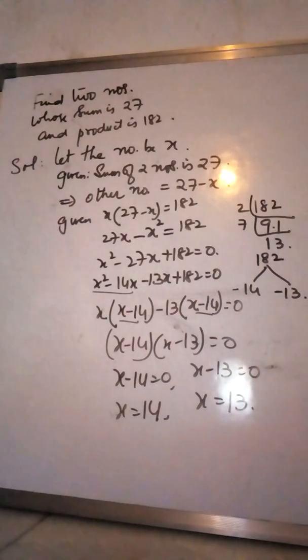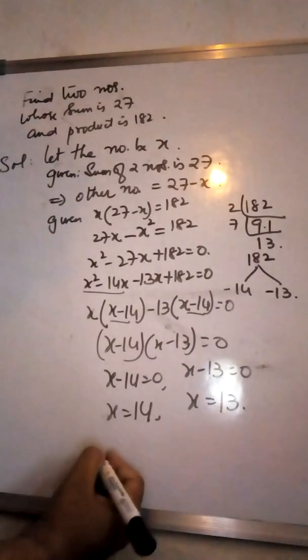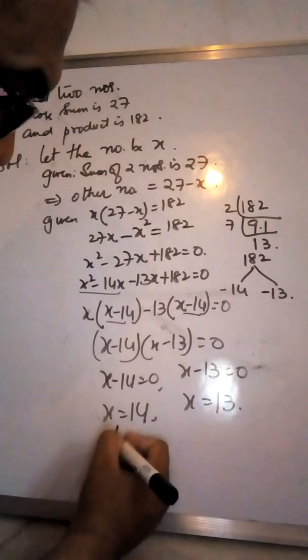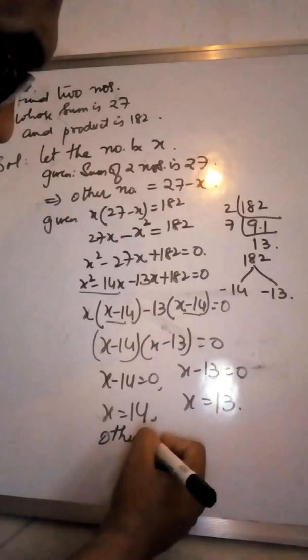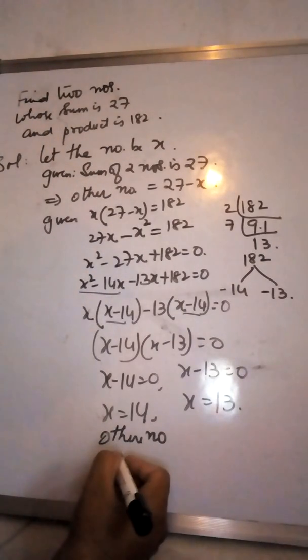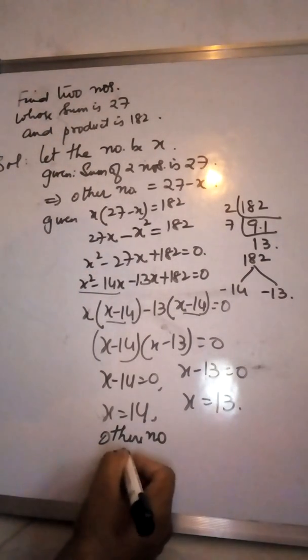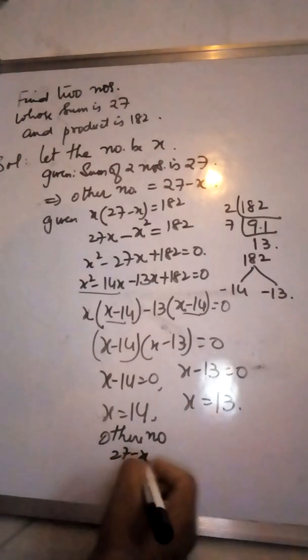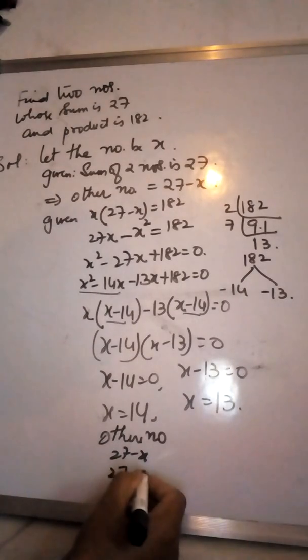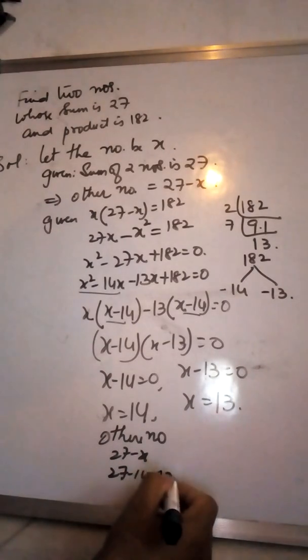Now, if I take the first number as 14, the other number will be 27 minus x, that is 27 minus 14, which is equal to 13.